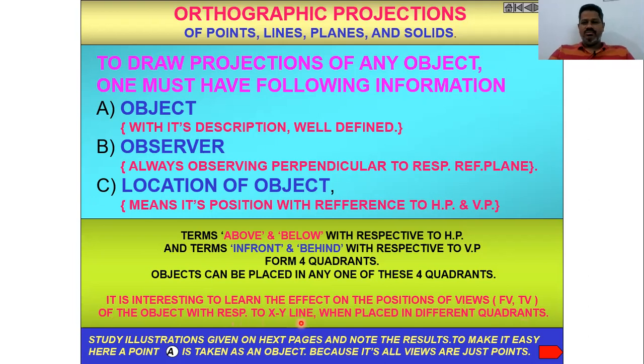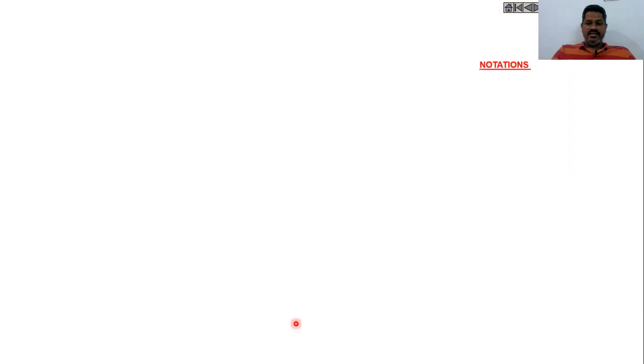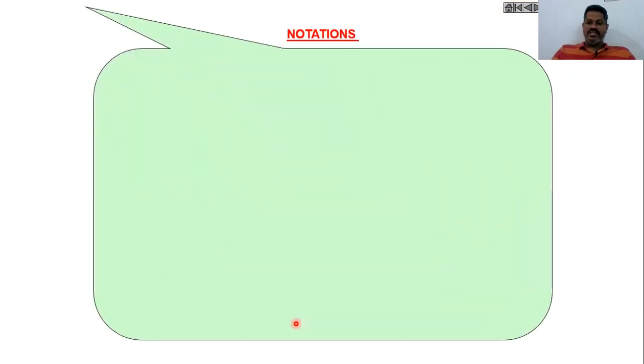That means where all the planes meet, we are going to assume as the XY line. Where the horizontal and vertical planes meet at a certain location, that location we are going to assume as the XY line. That also we need to consider. Let me move further to see the notations that I am going to use in this slideshow.